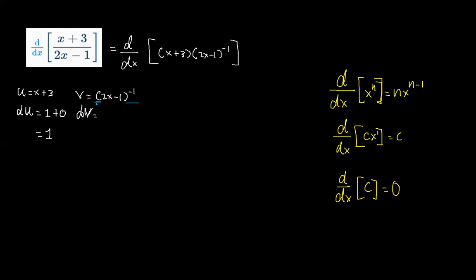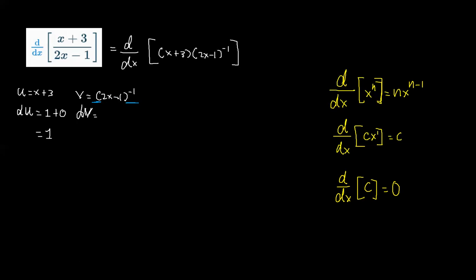Since we have that outer part, what are we going to use? We're going to use what we call the power rule. Imagine that the 2x minus 1 is just x.